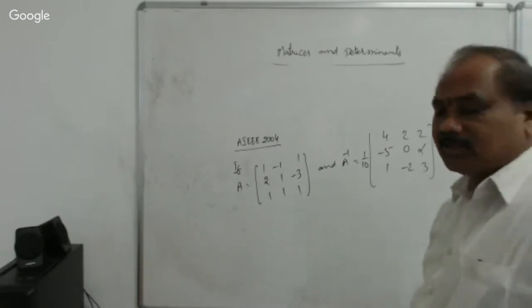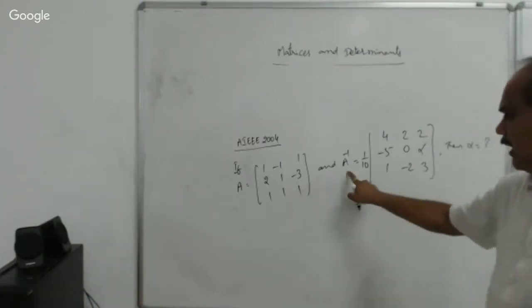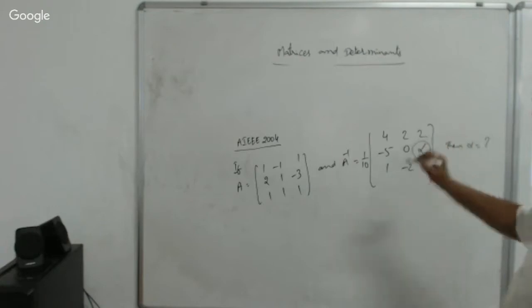Any doubt now? Okay. Now here A is given, A inverse is also given, but here we have an unknown value. We have to find that value.